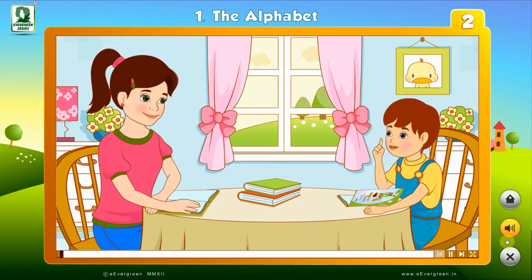Sister, it is really fun learning a language. You are right, brother. Look, sister, I have made a collection of all the 26 letters in the English alphabet.